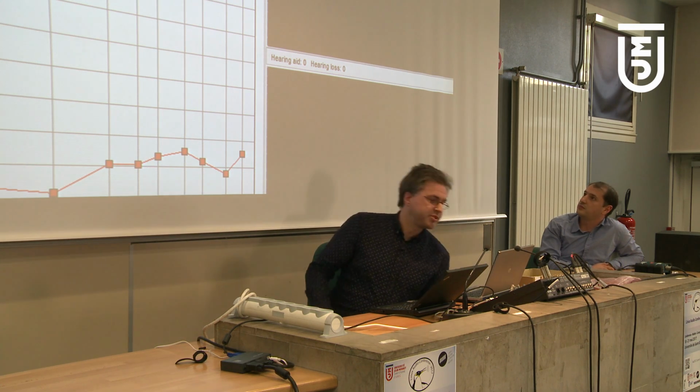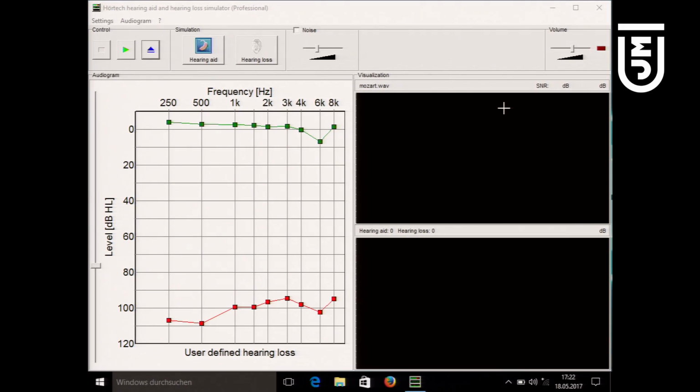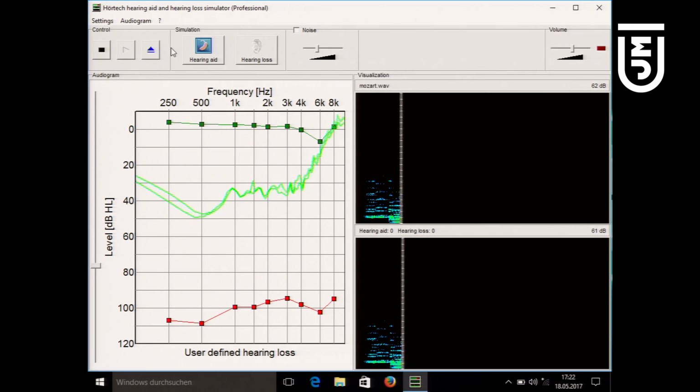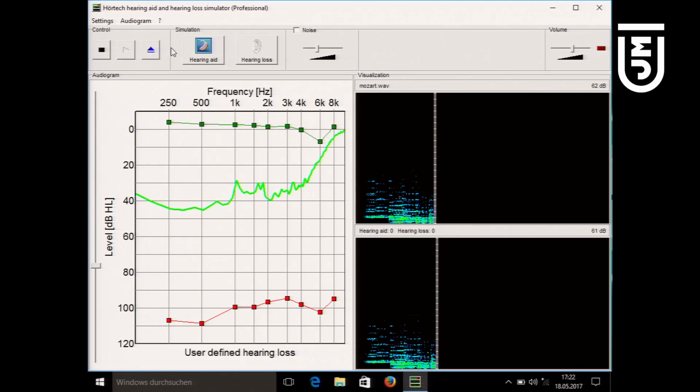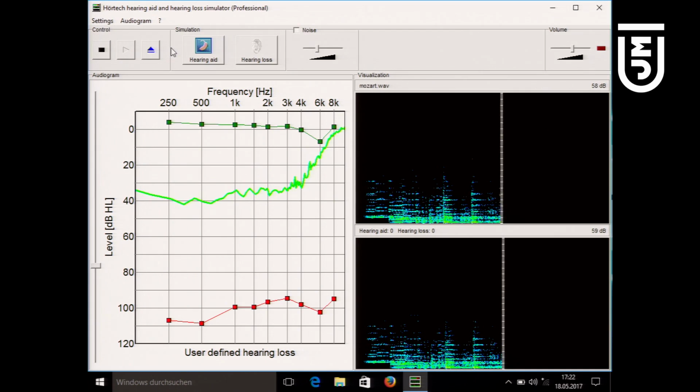Okay, I hope you see enough. You see another audiogram diagram, and here on the right are 2 spectrogram displays that are currently empty. Basically, this application is a media player, and I can play sound files from the hard disk and then simulate hearing loss or also hearing aids.